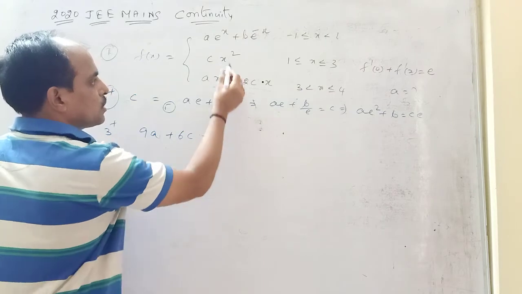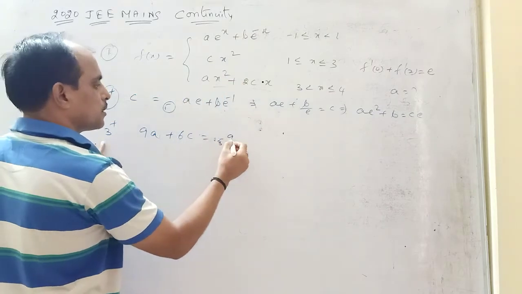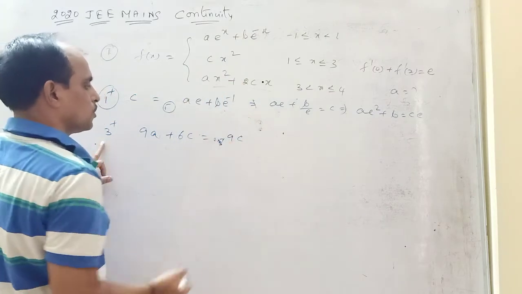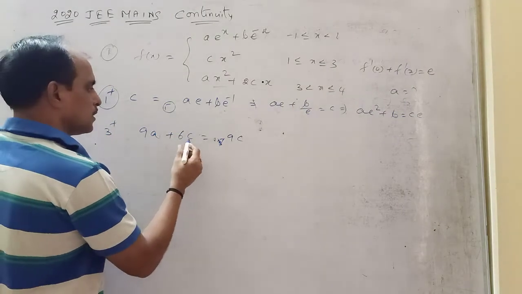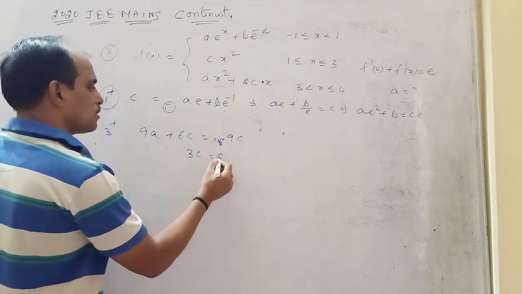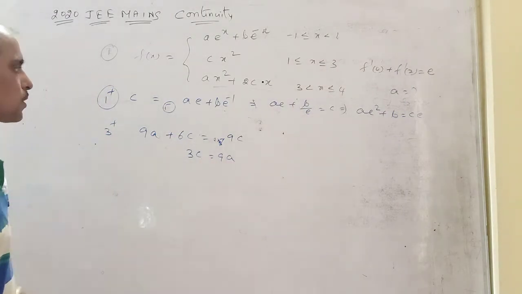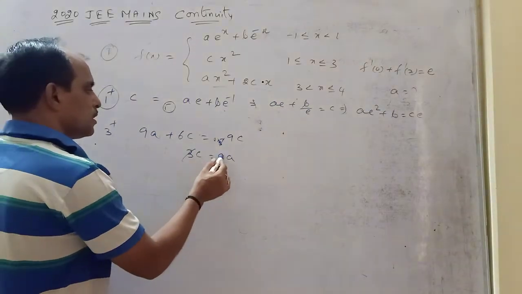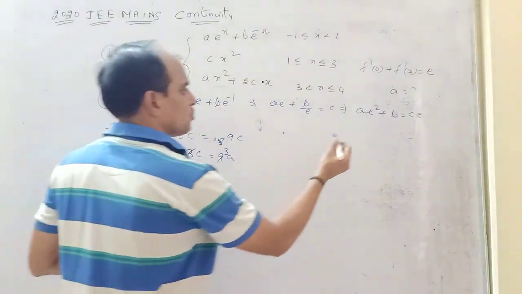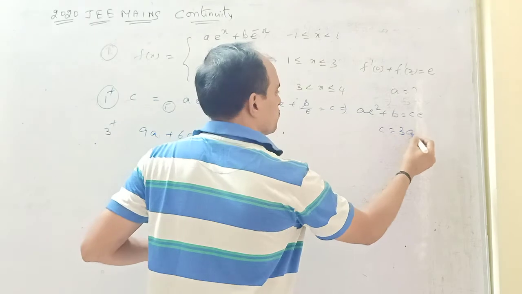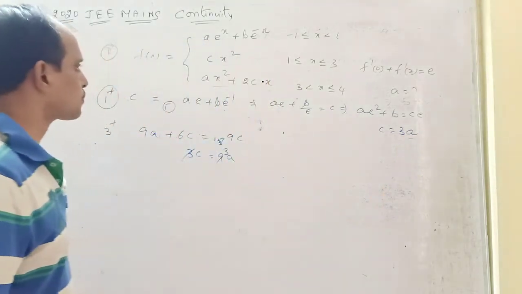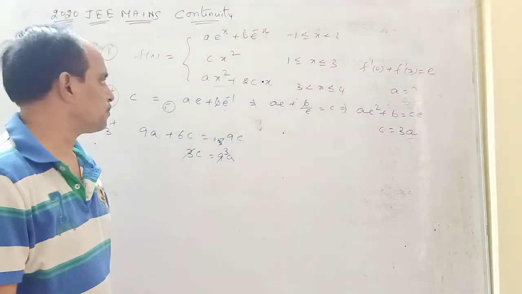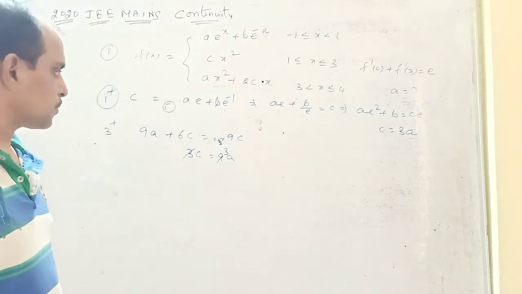Cx square, x square means 3 square, that is 9c. So from this we can find 3c is equal to 9a. Am I right? And that is c is equal to 3a. Now we have c is equal to 3a. Okay?